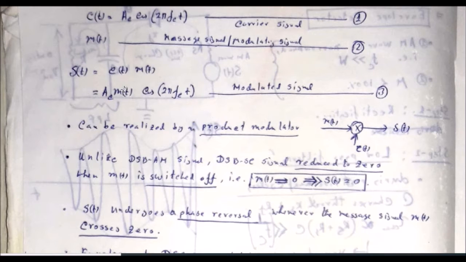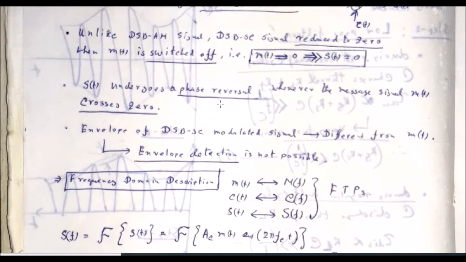But in the ordinary amplitude modulation system, along with this term, there is another term, the unmodulated carrier. So when the message signal is switched off, this term will vanish, but the unmodulated carrier term will be there. That's why some amount of power will always be transmitted. So this is another difference between DSB-SC and the ordinary amplitude modulated signal.